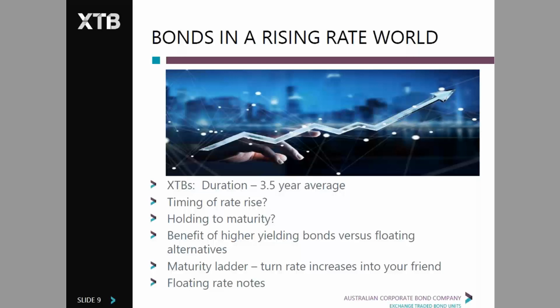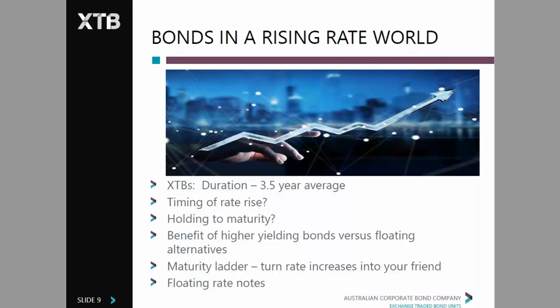The other thing to take into account is a lot of people ask us, should they stay in their 3-month term deposit and roll that term deposit while they're waiting for rate increases? We've done a study showing what the comparative returns are of staying in a rolling 3-month term deposit position, obviously benefiting if rates do increase from the increased term deposit rate, versus buying into fixed rate bonds that have a higher yield at the moment.